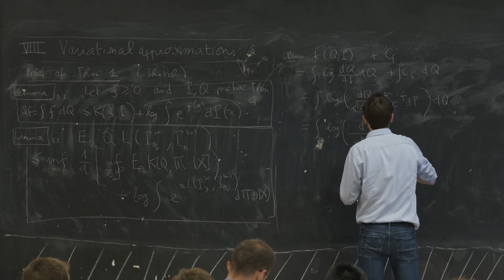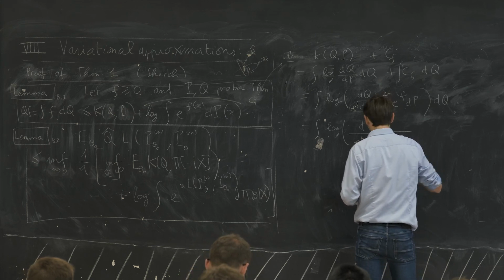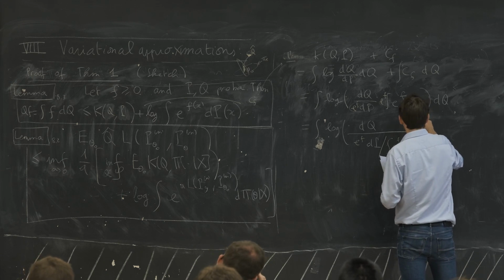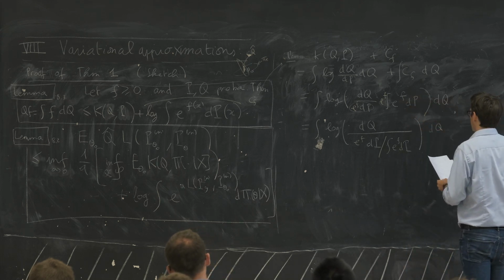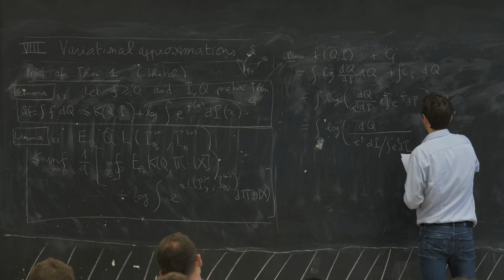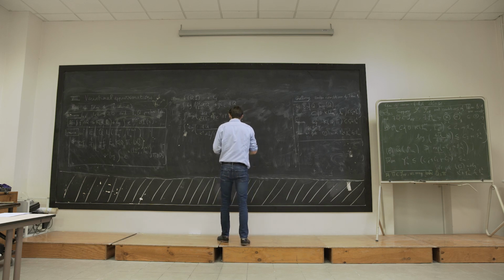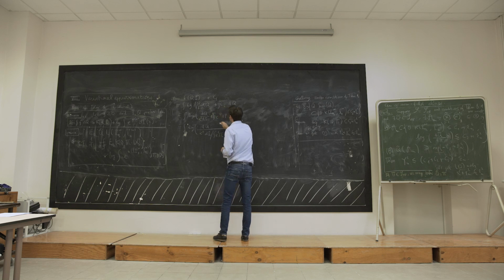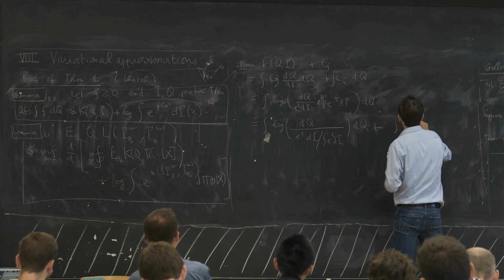So I divide it by the normalizing factor, which should be the integral of e to the f dp, dq. What I have here is that I have to compensate, so I'll pull this e to the f outside, so log of e to the f is just f. So here I get plus integral f dq.